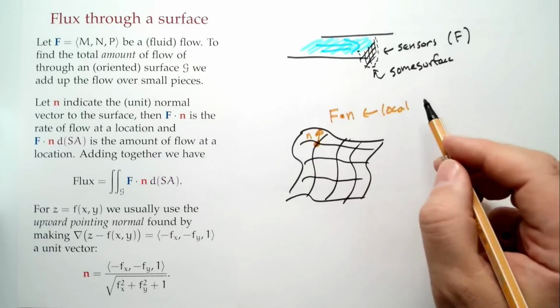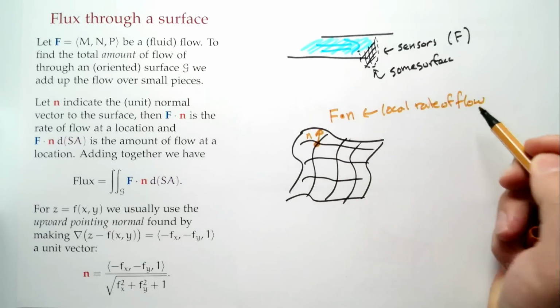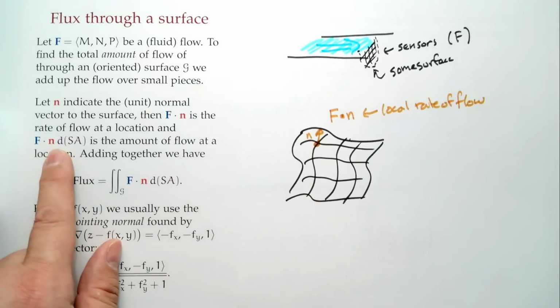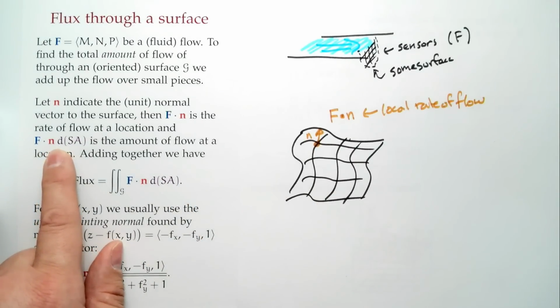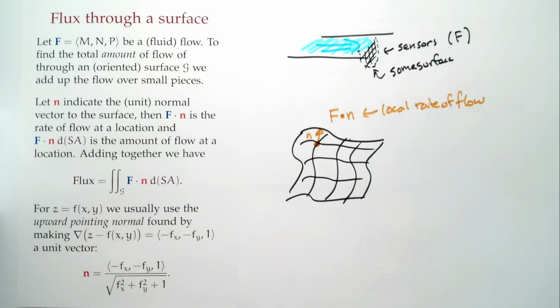And now you want to say, well, wait a second, I want to find out the amount of flow. So I multiply it by this little bit of area. So the rate at the local point times a little bit of area gives us the amount of flow locally. And finally, you add it up. So the flow through the surface is the integral over the surface, F dot n dS.